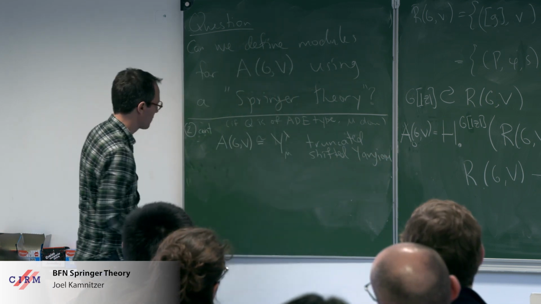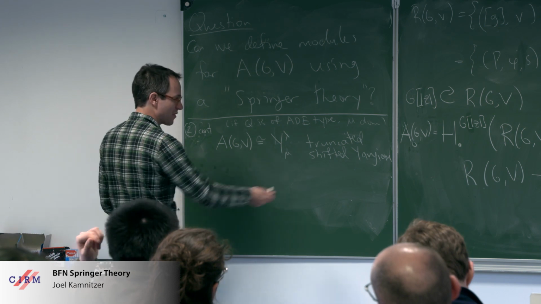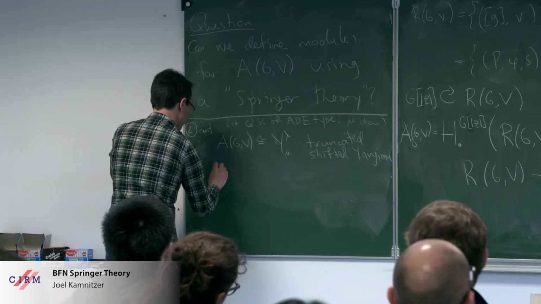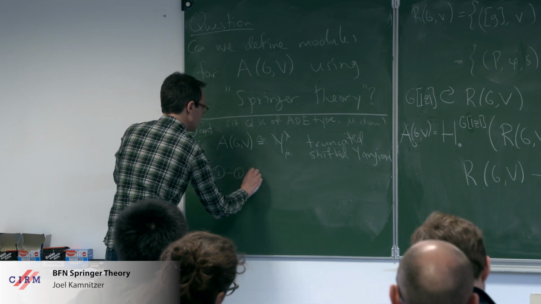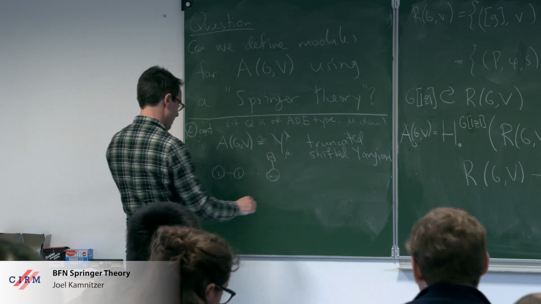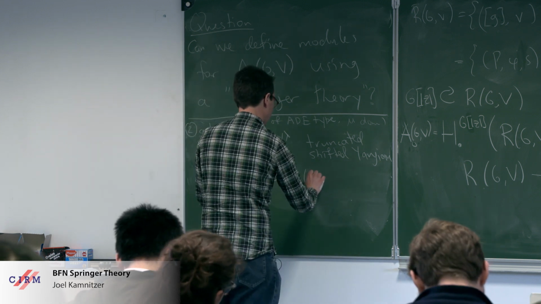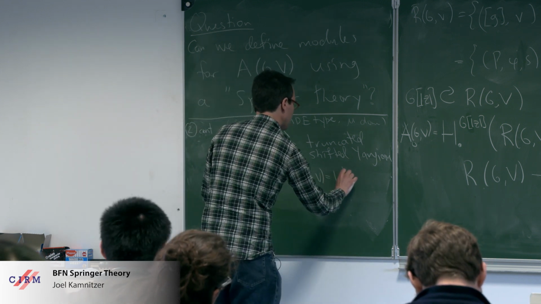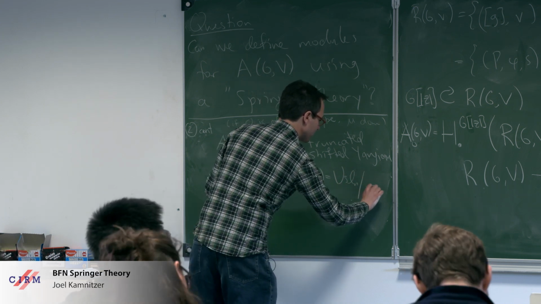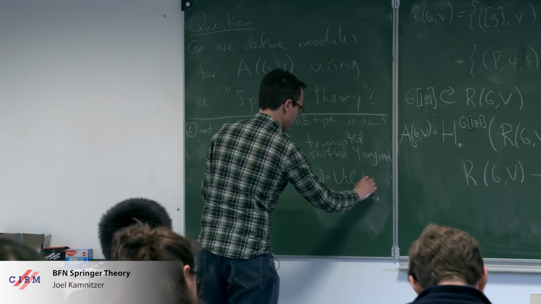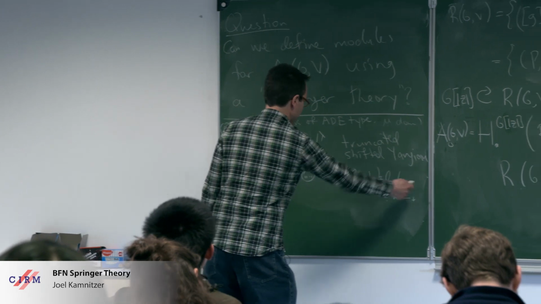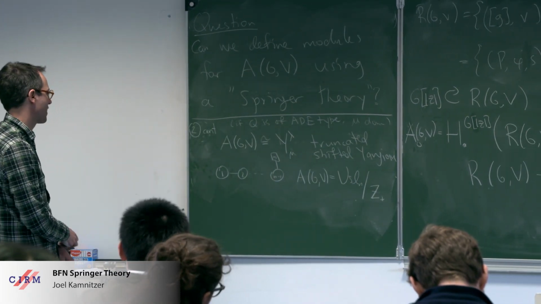And maybe you don't care that much about truncated shifted Yangians, but for example, if we started with the quiver which looks like this, in this case, then this A_G,V will be nothing but the universal enveloping algebra of sl_N modulo the ideal generated by the positive part of its center. Well, more generally, you can get other central quotients of the universal enveloping algebra of sl_N.